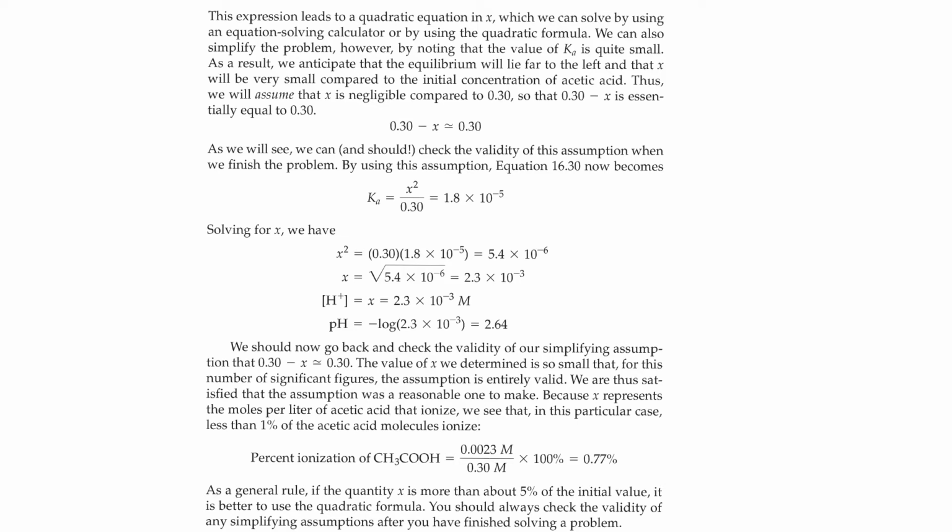Because x represents moles per liter of acetic acid that ionize, we see that in this particular case less than 1% of the acetic acid molecules ionize. Percent ionization is 0.77%. As a general rule, if the quantity x is more than 5% of the initial value, it's better to use the quadratic formula. You should always check the validity of any simplifying assumptions after you finish solving a problem.